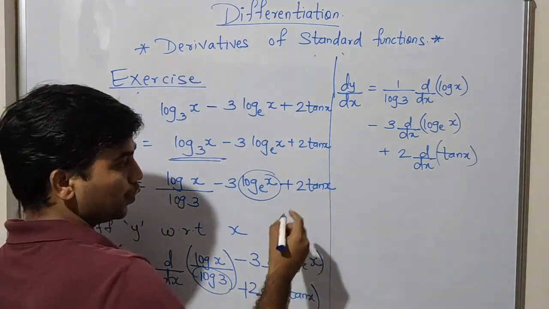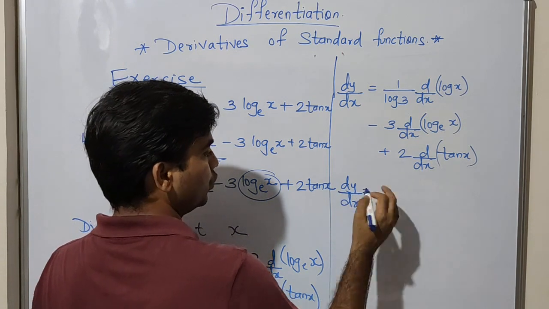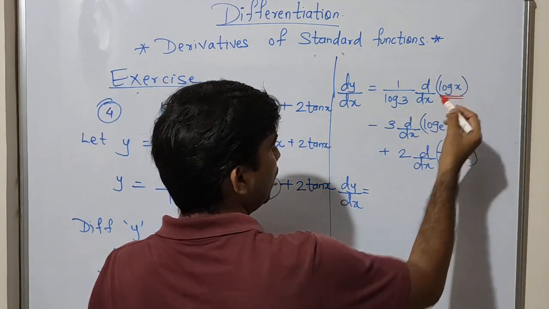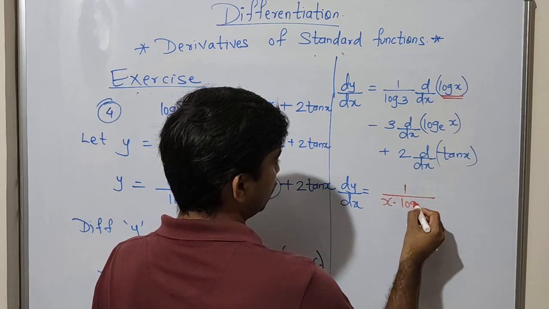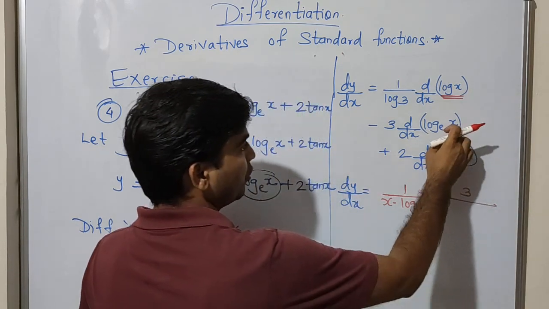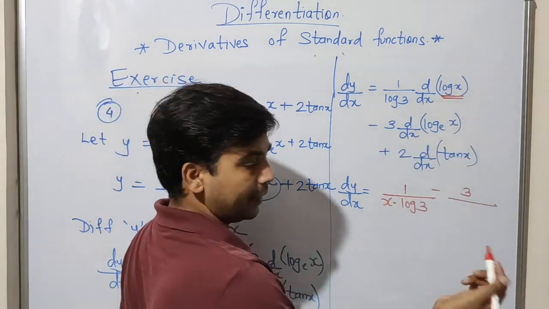So the last step now, dy by dx equals, what is the derivative of log x? 1 by x. So this will be 1 by x into log 3 minus 3. What is the derivative of log of x to the base e? It is same as log x. That is again 1 by x.